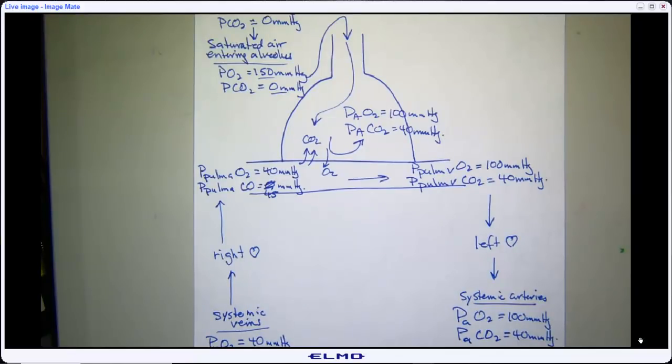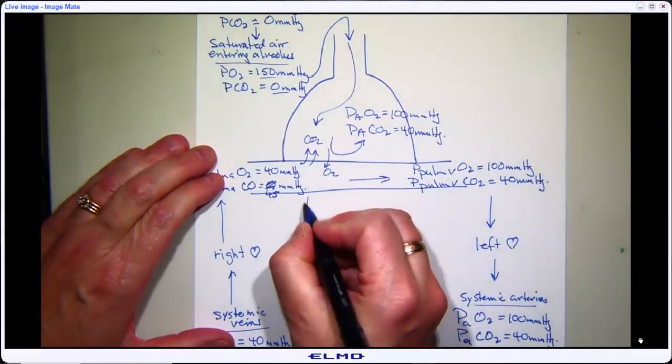But what this does tell us is that blood always spends enough time at the alveolus to equilibrate. Okay, so this is a really key idea.